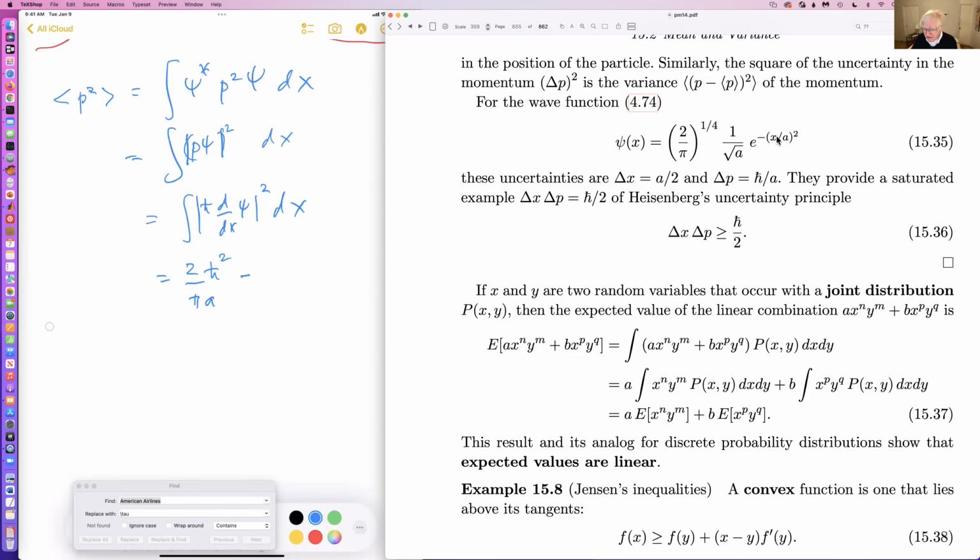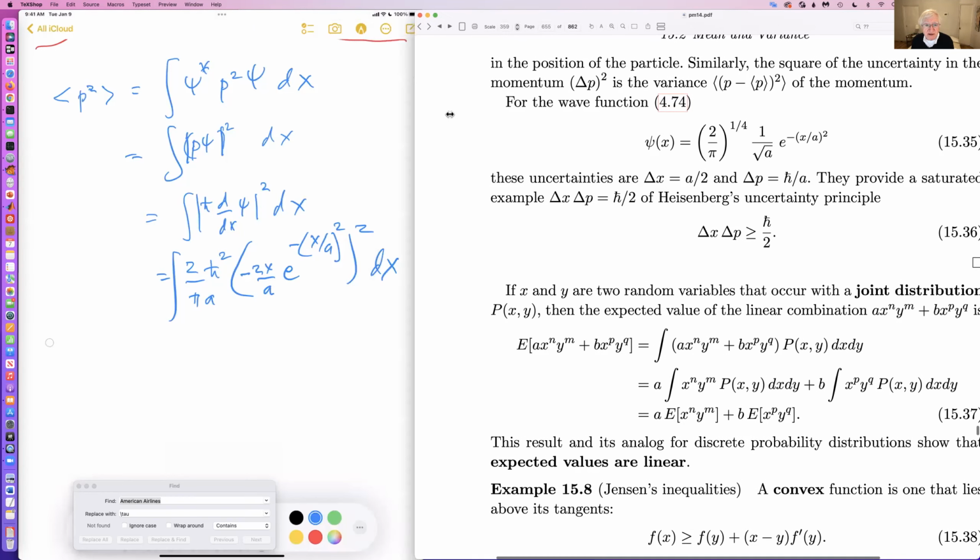So this is minus 2x over a e to the minus x over a squared, and this whole thing squared integrated dx. And notice x gets squared here, so there is, let's make this a little bit narrower.